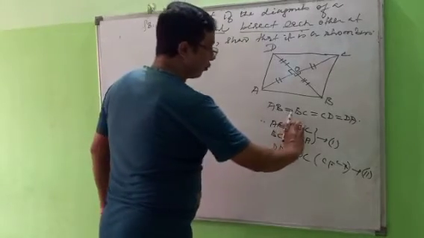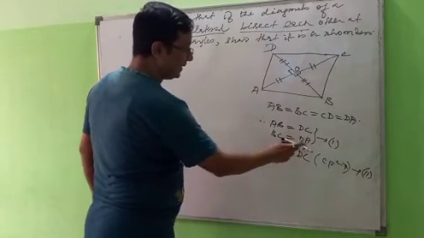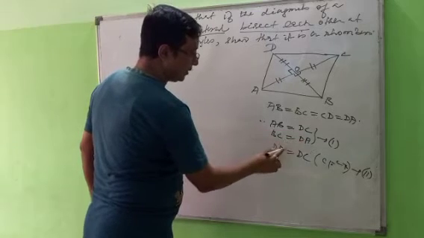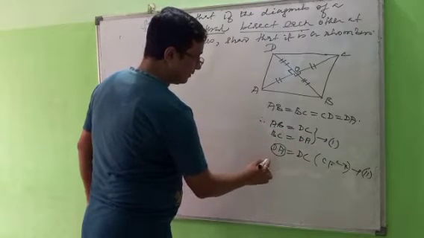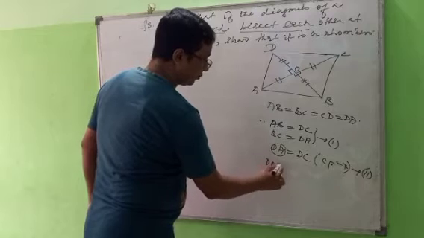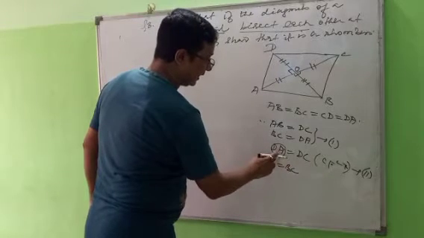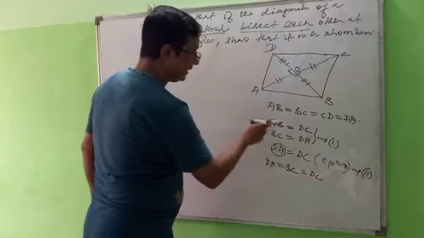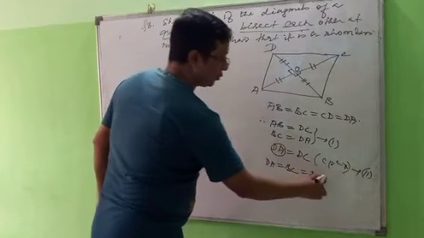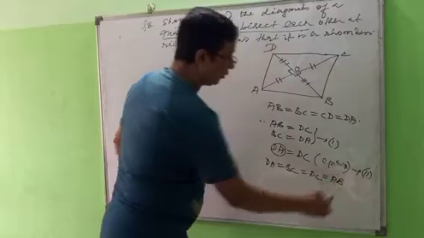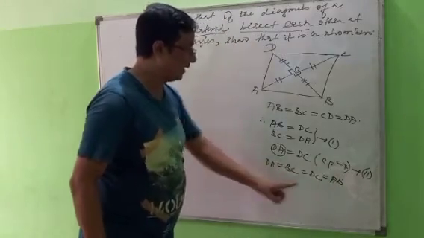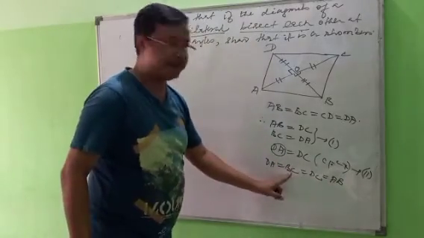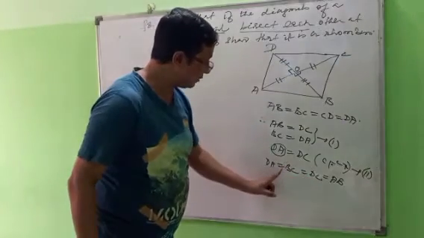Now you compare 1 and 2, you will get that DA equals BC, but DA equals DC, so equals DC, and DC equals AB. So you got AB. That means you have got all the four sides equal: AB equals BC equals CD equals DA.